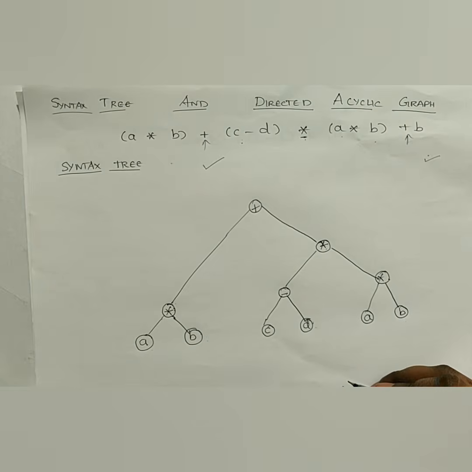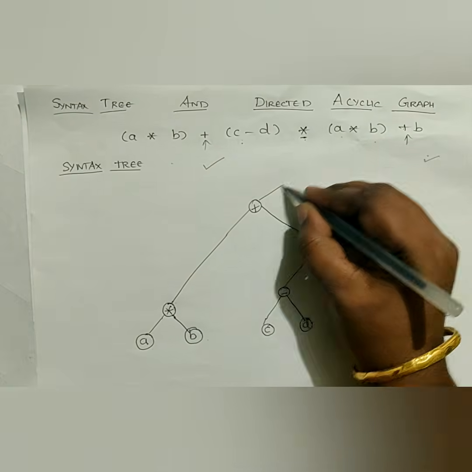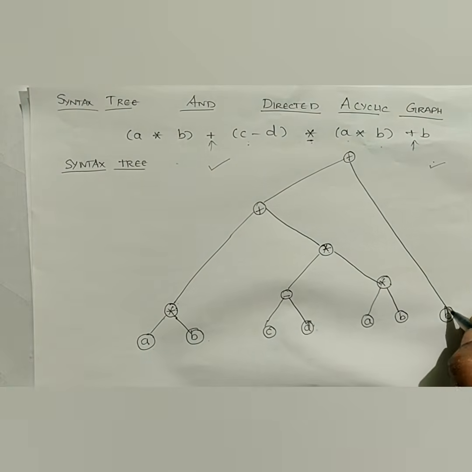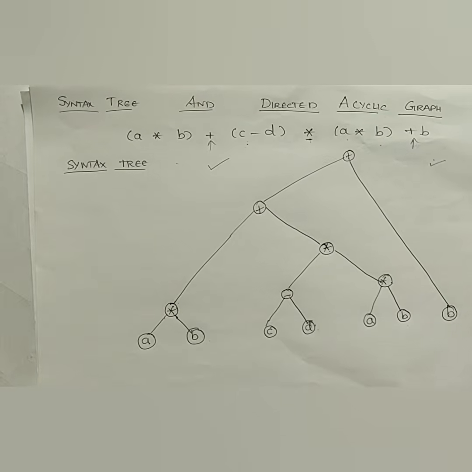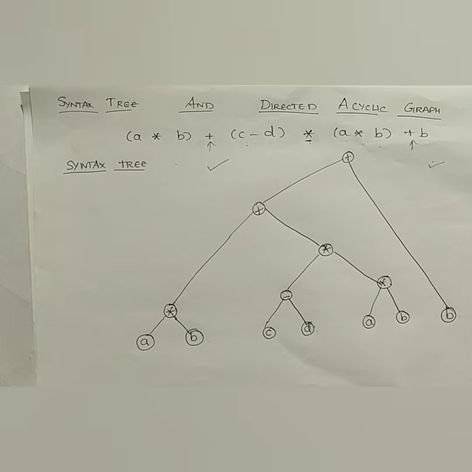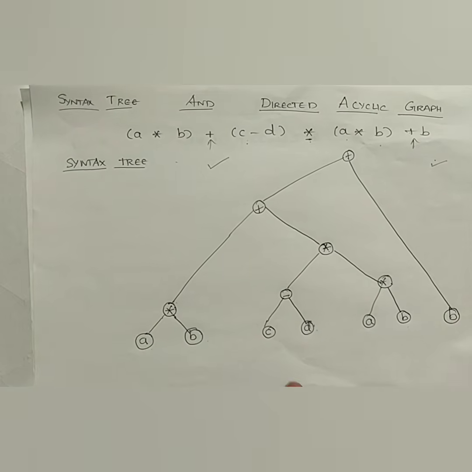Now what is the last and least pending? My B, which does an addition for my final value. Now the syntax tree, or the bottom-up syntax tree, is ready for my given question. Now let's go for the directed acyclic graph for the same question.